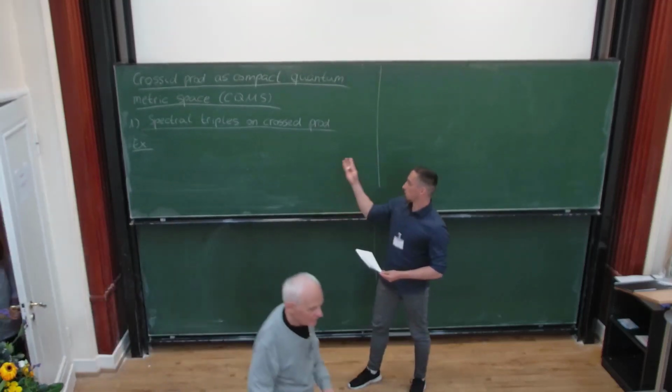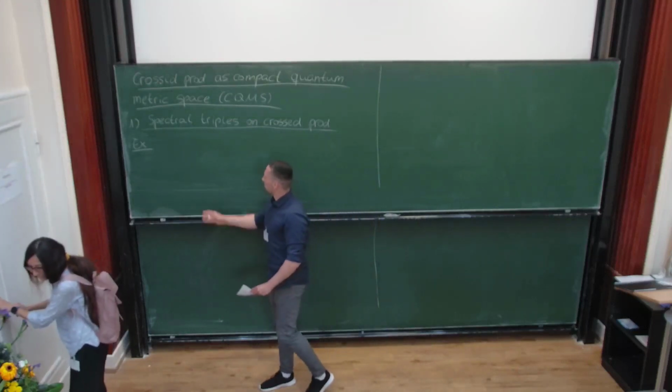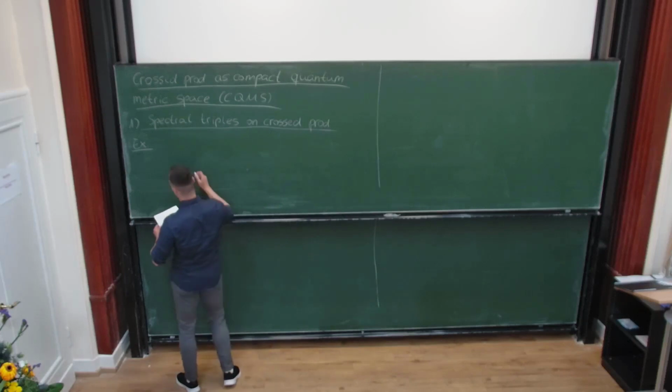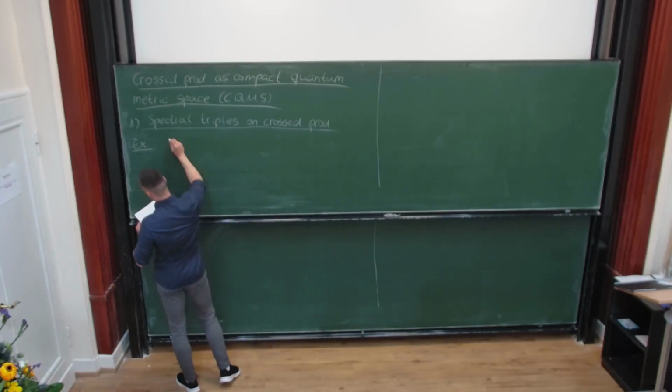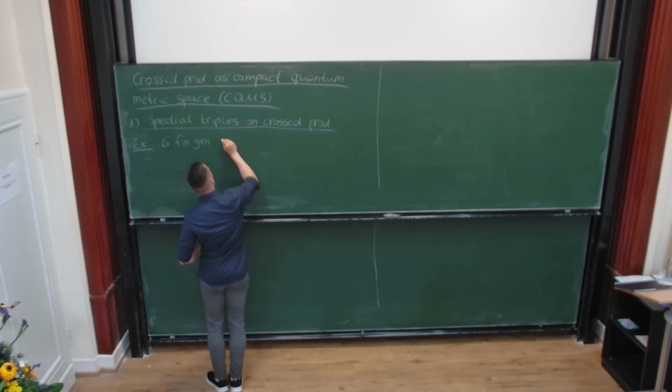So let's first talk about spectral triples and cross products. Before I talk about this, let me start with an example. Let's take a finitely generated discrete group.